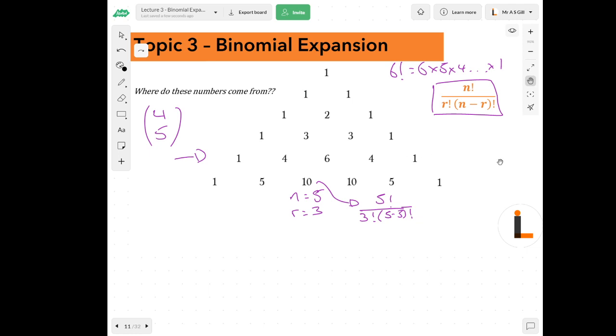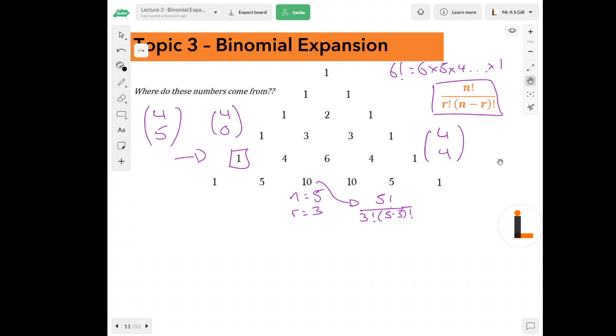The reason it doesn't is because we always start from the 0th position. So the first value in any row of Pascal's triangle is 0. Absolutely spot on, Healy. So in this situation, we would have 4 choose 0 up to 4 choose 4.